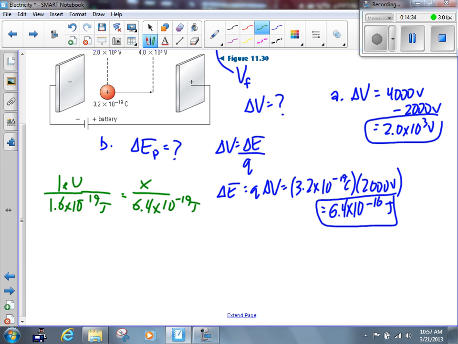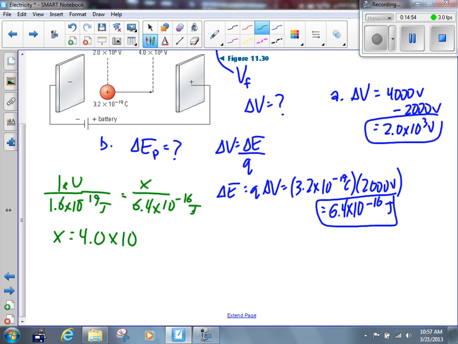So we'll put the x on the top. Now we've got to solve for x. The 6.4 goes up by multiplying. So we end up dividing 6.4 times 10 to the minus 16 by 1.6 times 10 to the minus 19. And I think we end up getting 4.0 times 10 to the 3.